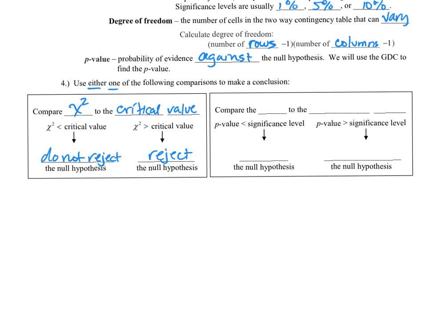The second one is we could use the p-value and the significance level. So we will compare the p-value to the significance level. Okay, now, if the p-value is less than the significance level, then in that circumstance we will reject the null hypothesis.